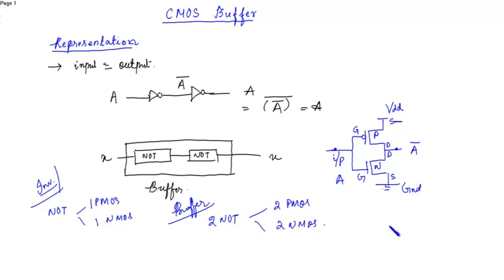So you can say this is one NOT gate, and we have to place another NOT gate over here. Now let's move to the schematic part.